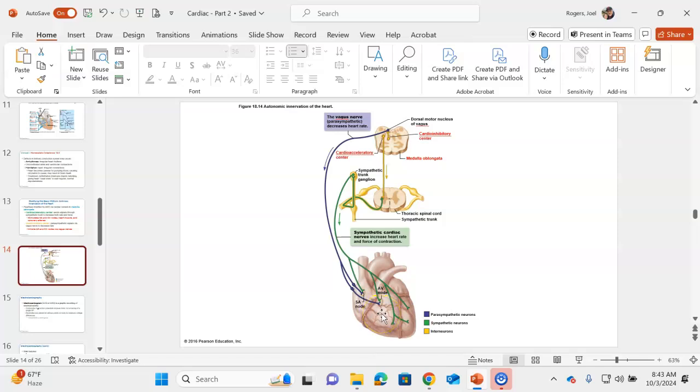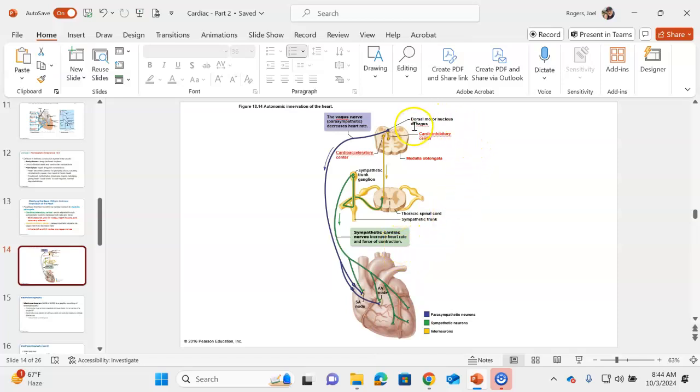Okay, so again, in a fight or flight situation, if the brain sends signals to this area, guess what? The heart rate's going to go up, and the force of contraction, how strong the ventricles contract, is actually going to go up as well. Something we're going to talk specifically about in the third cardiac lecture.